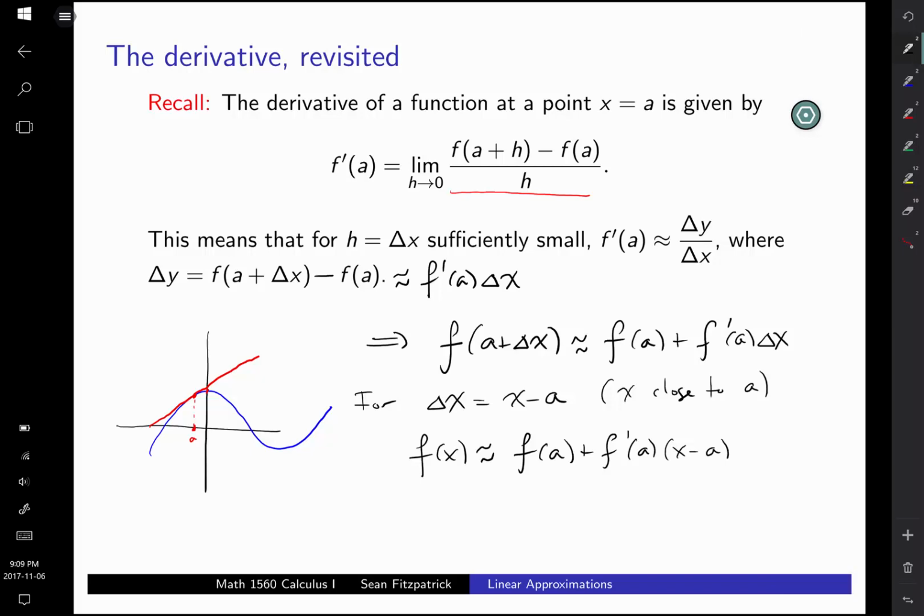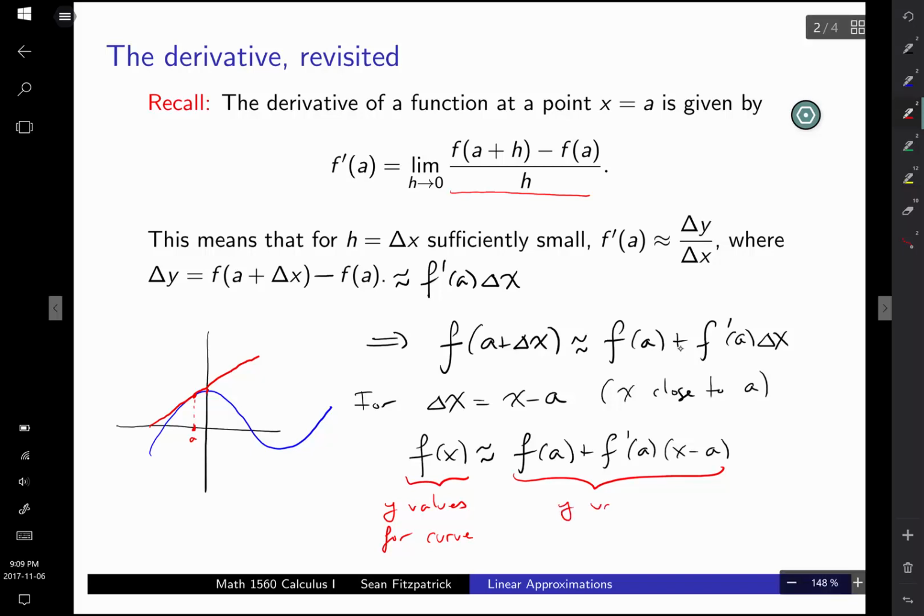And so what you have on the left are going to give you y values for the original curve. And what does this expression on the right give you? Well, if you set that equal to y, what you get is exactly the equation of this tangent line.